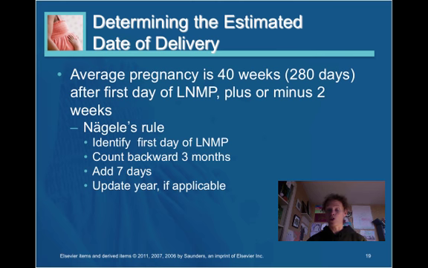So I go to March, I go to February, and I go to January. And then I add 7 days. So I'm at January 8th, and I add 7 days, which would be January 15th. I'm going to need to change the year. And so the expected date of delivery would be January 15th of 2015. Does that make sense?